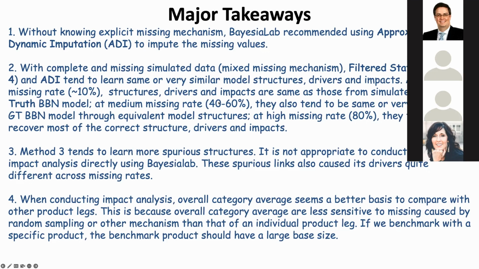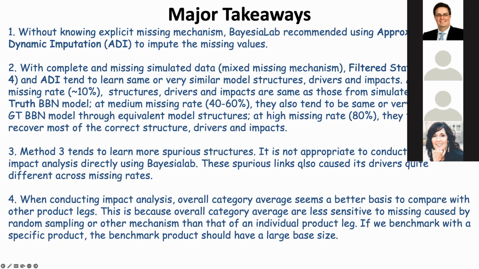At a lower missing rate, structures, drivers, and impacts are same as those from simulated ground truth. At medium missing rate, they also tend to be same or very similar as the ground truth model through equivalent model structures. At higher missing rate, they tend to recover most of the correct structure, drivers, and impacts.